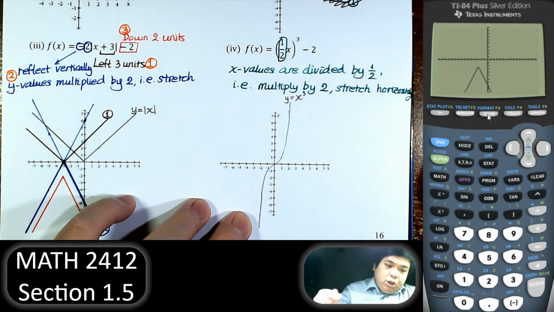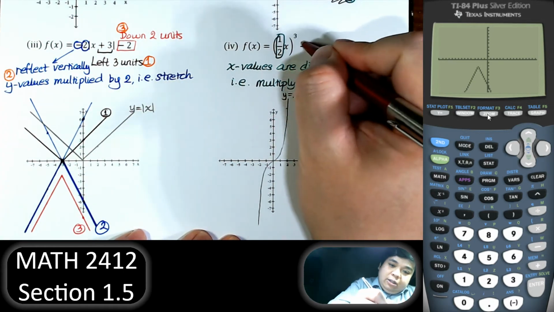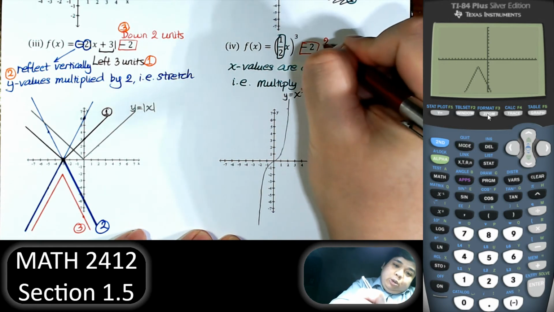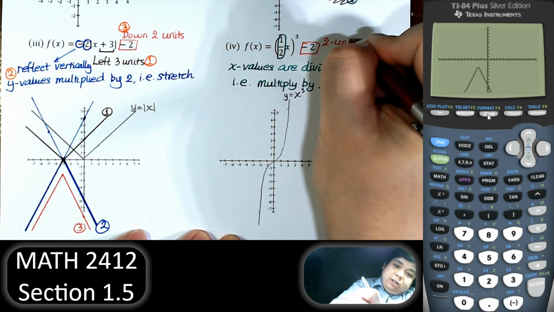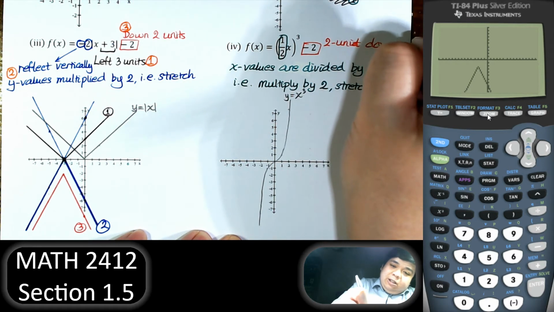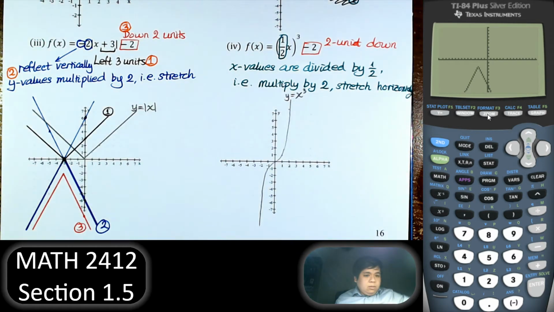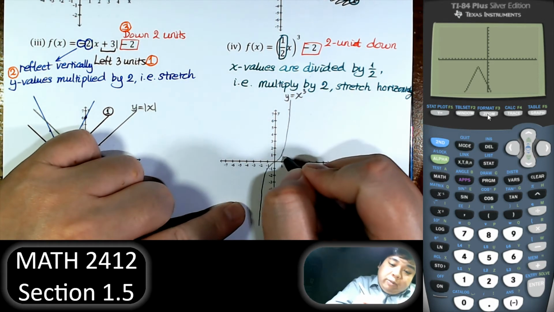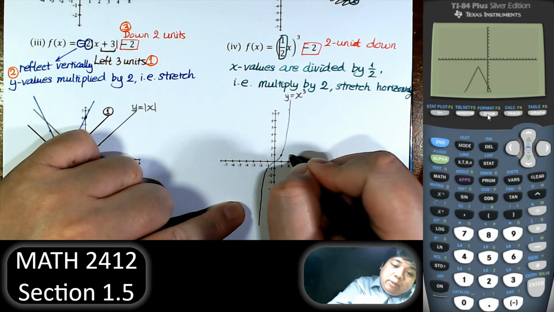And then the minus 2 here will be 2 units down. Alright, so first on the x values, divide by 1/2 or multiply by 2. So if the x value is 1, it becomes 2.